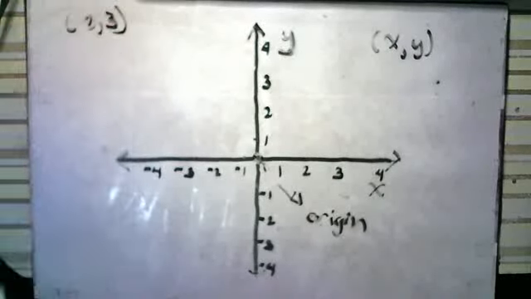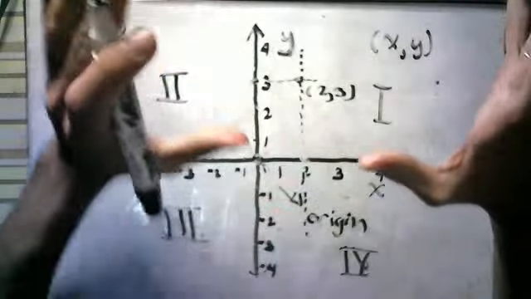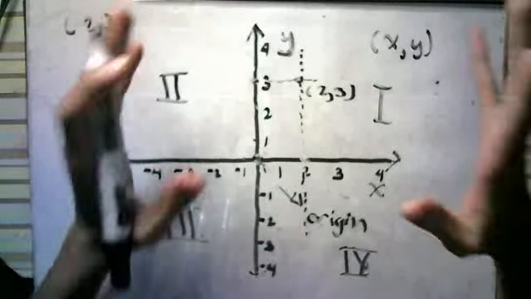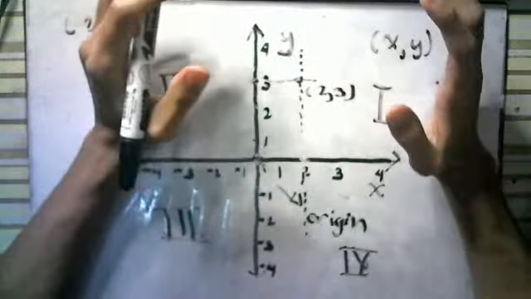We need to determine the nature of a certain ordered pair, and we can easily do that using the quadrants. For example, 2, 3.